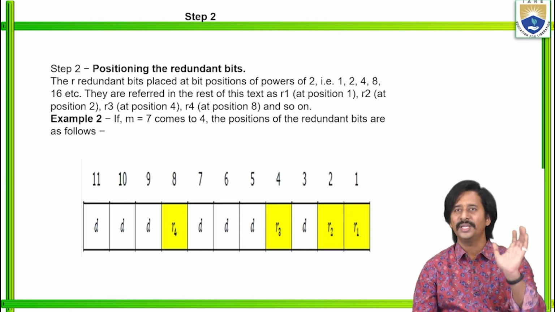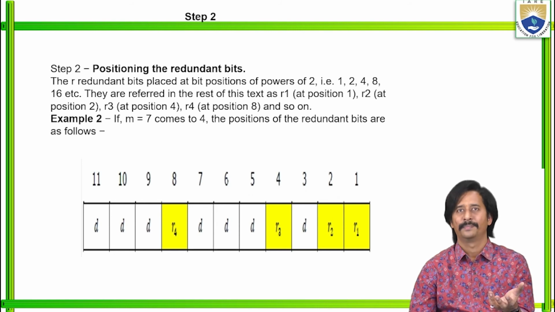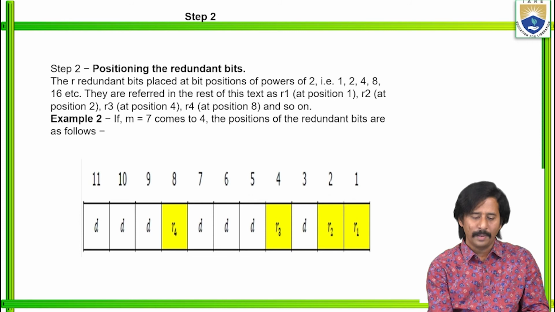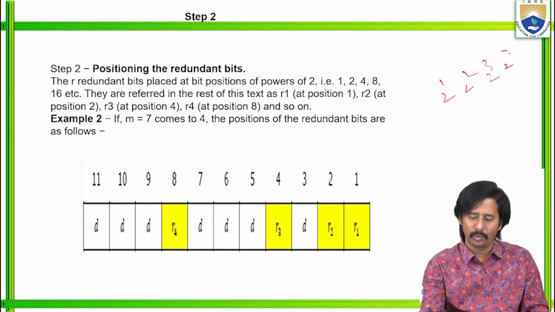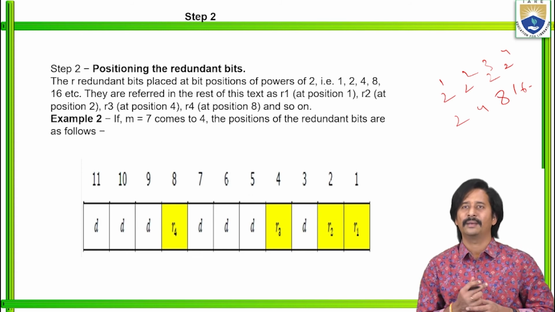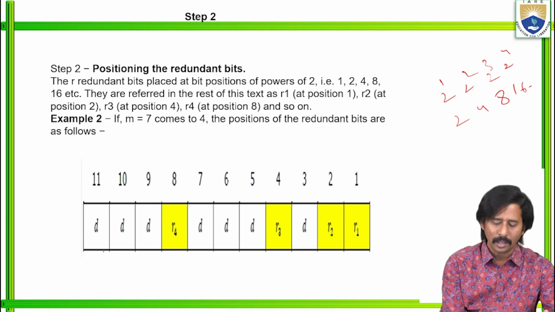That is step 1, calculation of number of redundant bits. Step 2, positioning the redundant bits, where in that 11,4 code, the r redundant bits are placed at bit positions that are powers of 2. So you know powers of 2 are 2 power 1, 2 square, 2 cube, 2 power 4, right? So 2, 4, 8, 16, etc. They are referred to in the rest of this concept as R1, R2 and so on.